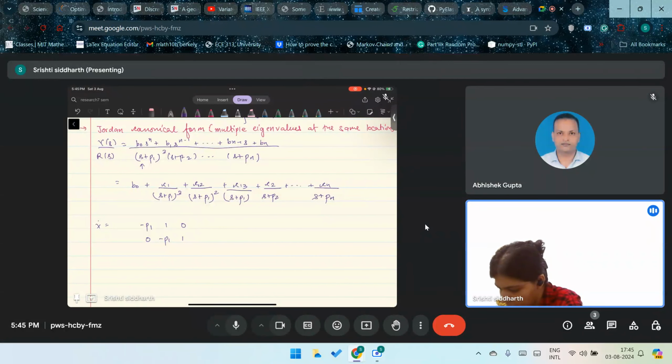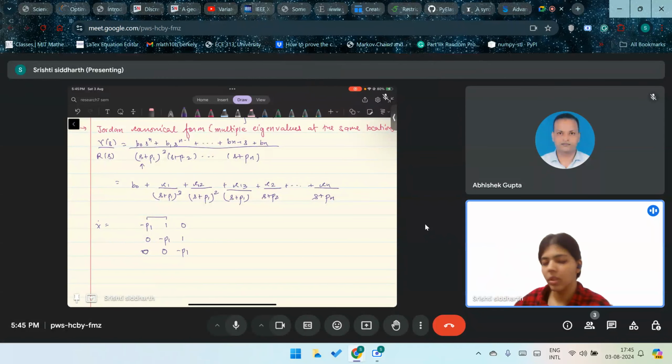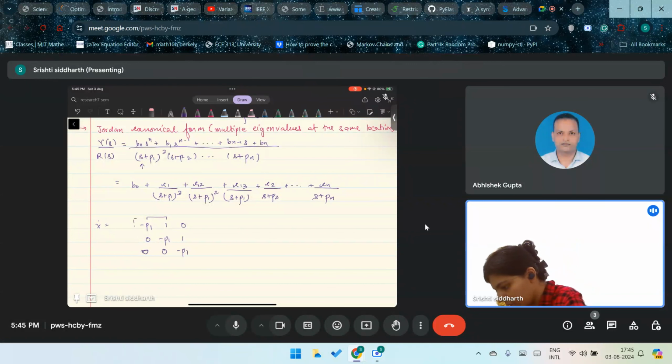So you can observe that this is just shifting to the right. And then because it has 3 repeated poles, it would have been a size of 3 by 3. So I'm going to actually write this down in a dotted form. This is the Jordan block for p1. Then you have 0, 0, 0.